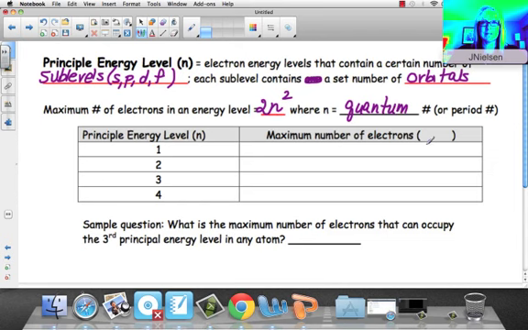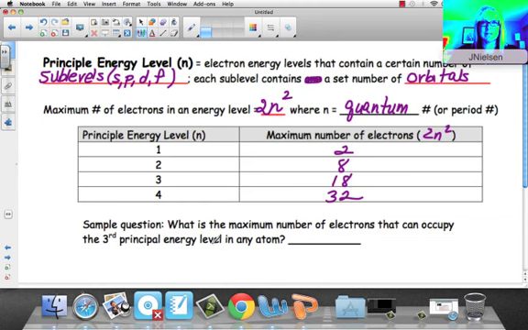Remember, the maximum number is 2n squared. 1 squared is 1, so n is 1. 1 squared is 1, and 1 times 2 is 2. 2 squared is 4, and 4 times 2 is 8. 3 squared is 9, times 2 is 18, and 4 squared is 16, times 2 is 32.